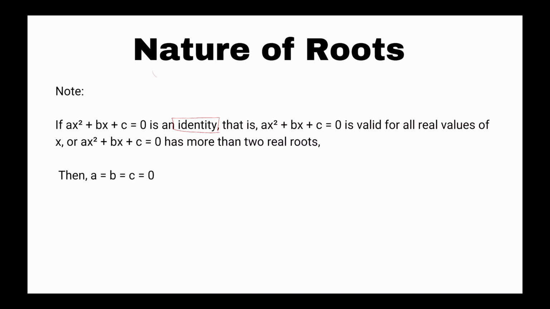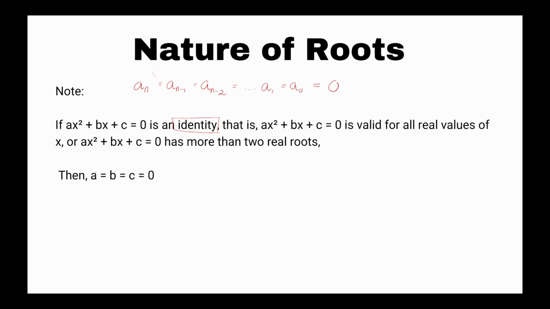Whenever I have any quadratic equation, biquadratic, cubic, or any degree polynomial, if I say it is an identity, that means my an is equal to an minus 1 is equal to an minus 2, and so on up till a1 is equal to a0. All these values need to be equal to 0. Then only I can say my equation is an identity.